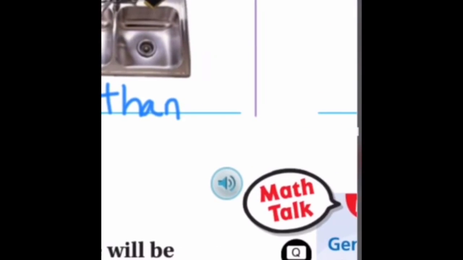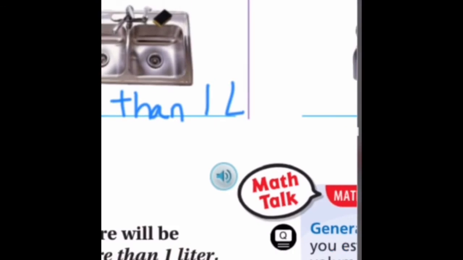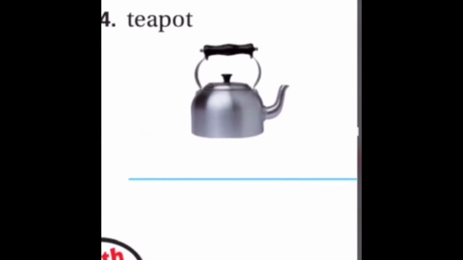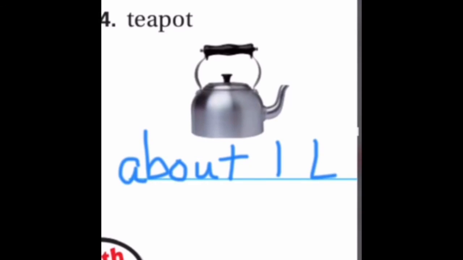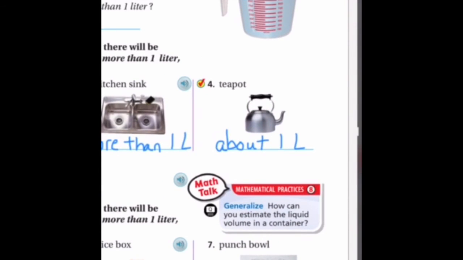The kitchen sink holds a lot more than 1 liter. And finally, we have a teapot, a smaller teapot, and it'll hold about 1 liter, probably a little bit more, but it's close.